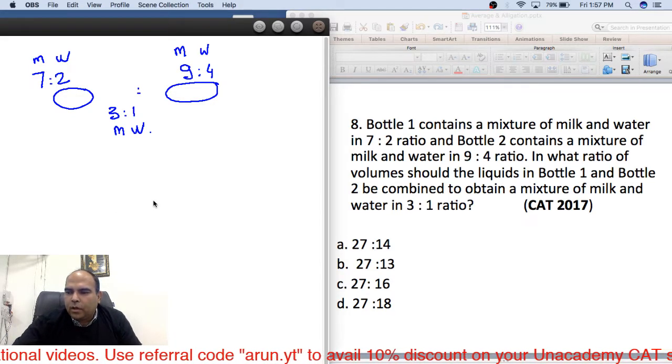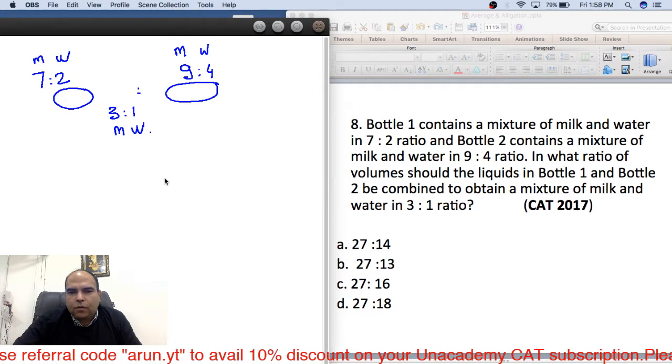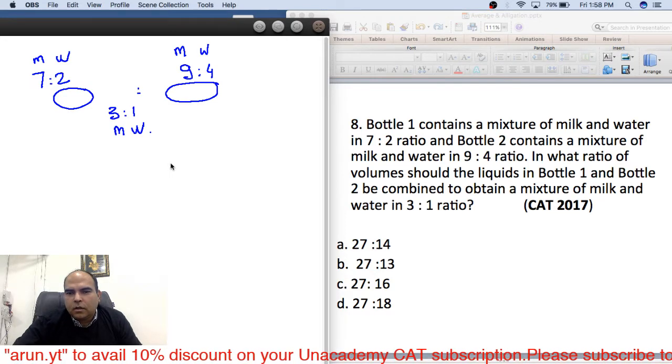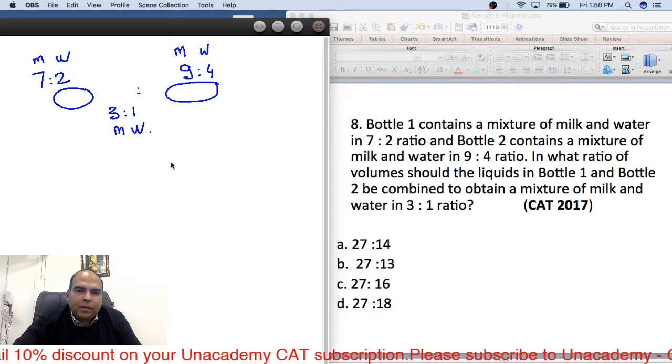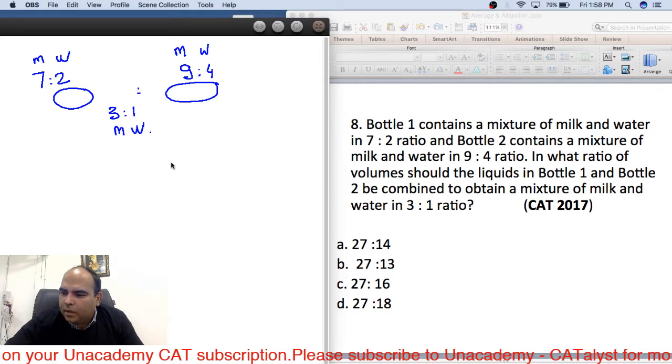In this situation, what's happening is that you've got two groups which you are mixing together. Now there are various ways of solving this question. I hope you guys can see me.